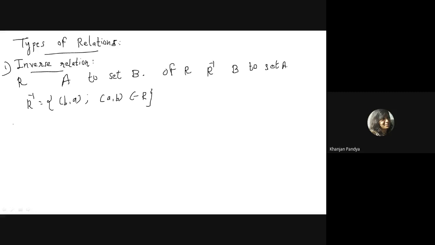That means if (A, B) is a pair in R, then what is the pair in R inverse? (B, A). Write down.